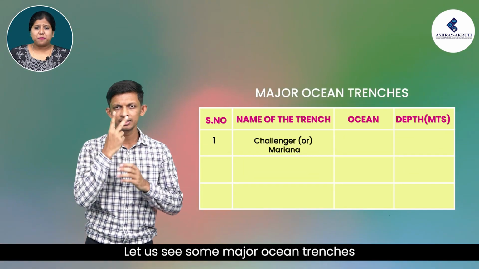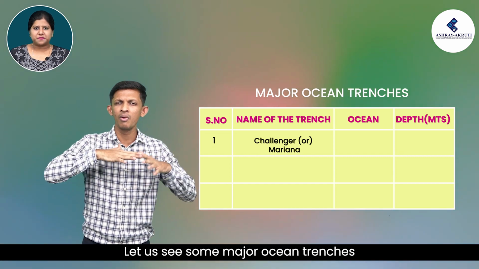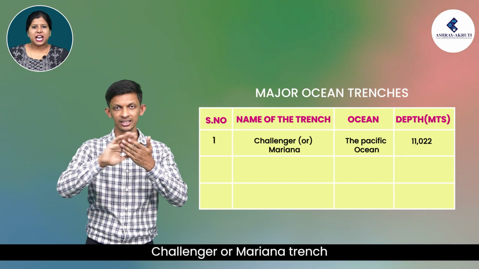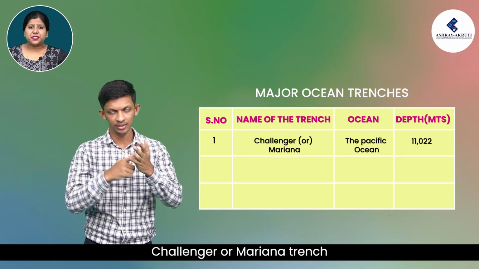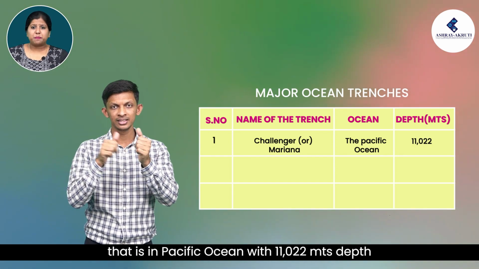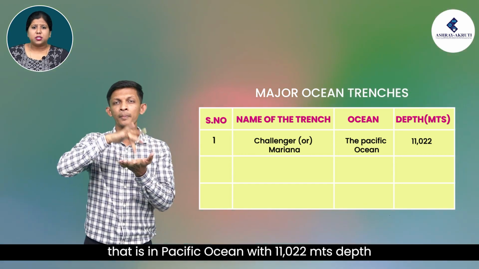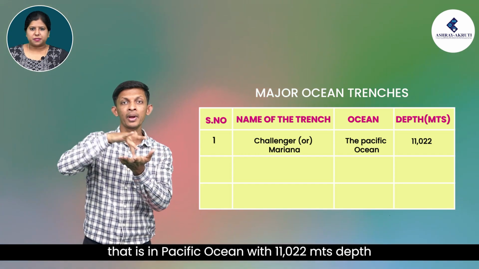Let us see some major ocean trenches. Challenger or Mariana Trench, that is in Pacific Ocean with 11,022 meters depth.